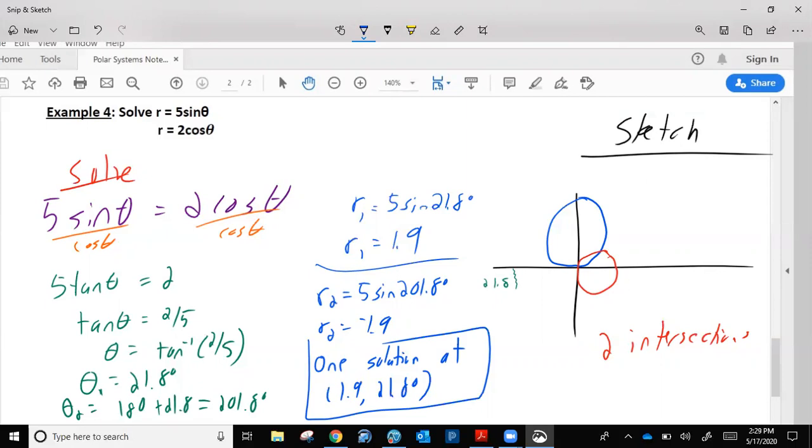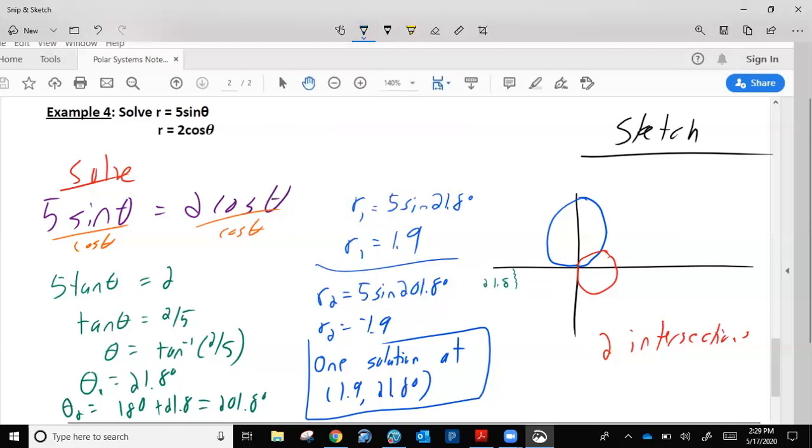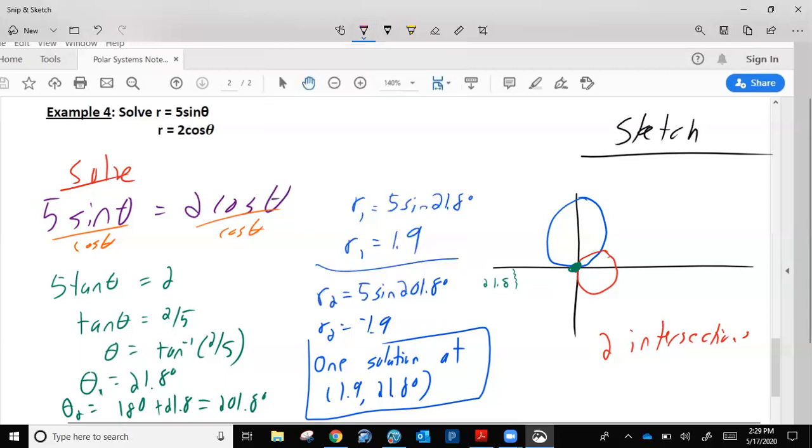If you think of 0 degrees out here at 0, this sine problem, 5 sine of 0, the sine of 0 is 0, 5 times 0 is 0. So your sine, your blue curve, is sitting right here at the pole when this whole system begins, while the red problem, the cosine, well, cosine of 0 is 1, and 2 times 1 is 2.